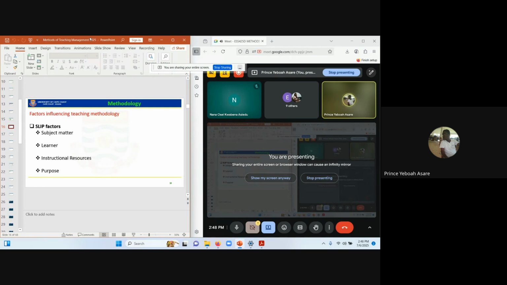I've indicated here four critical factors, four main factors. We have one, the subject matter, two, the learner, three, instructional resources, and four, purpose. Let's call this the SLIP factor.